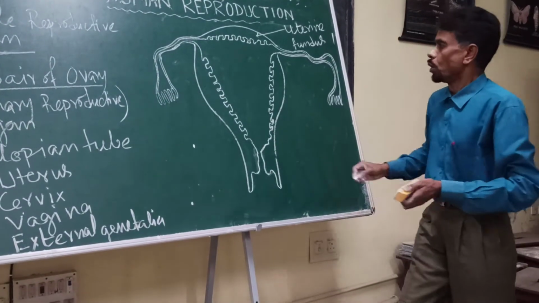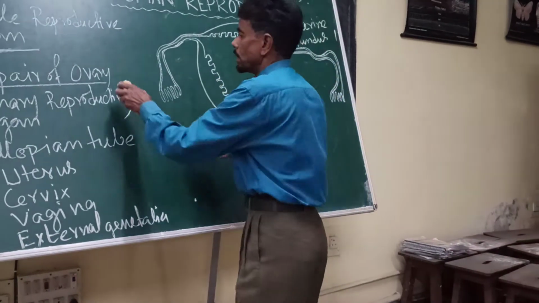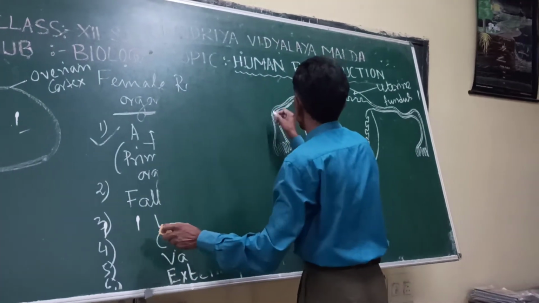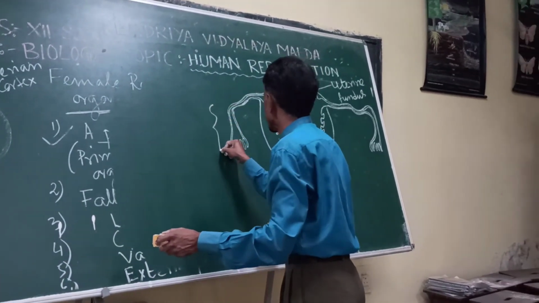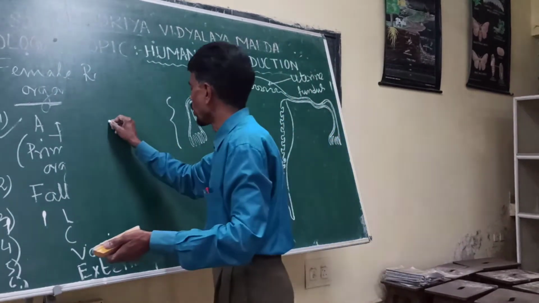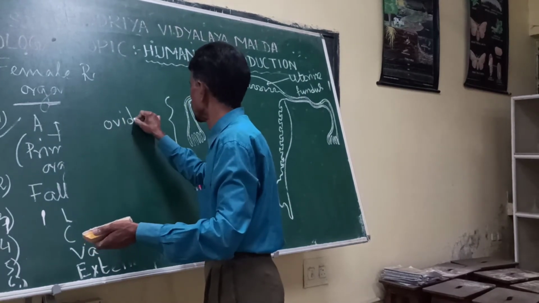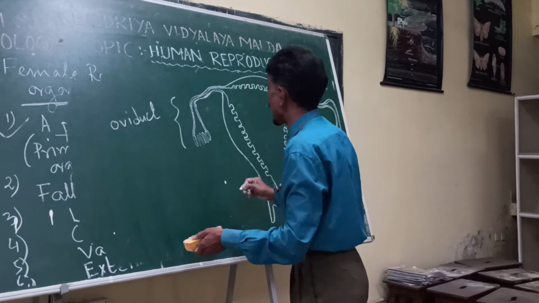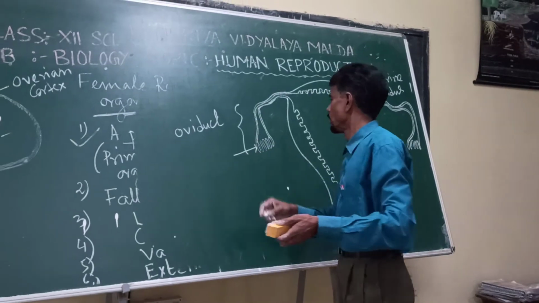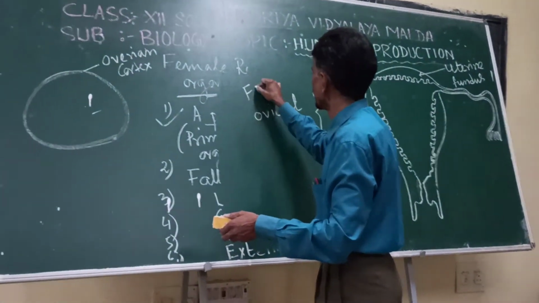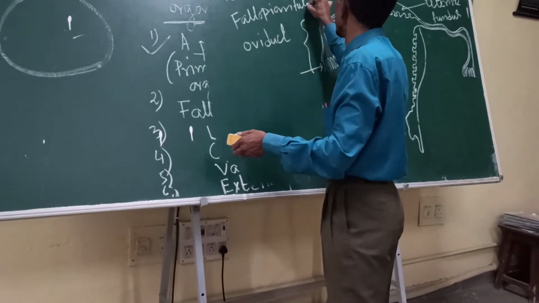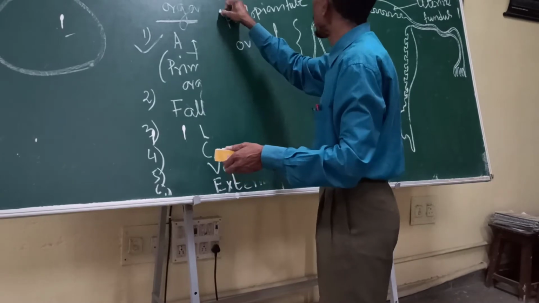Yes. So this part, shall I rub this part so that I can easily label for you? This part, you see here, left and right side, this is what we call oviduct. It is having individual part, otherwise called fallopian tube.